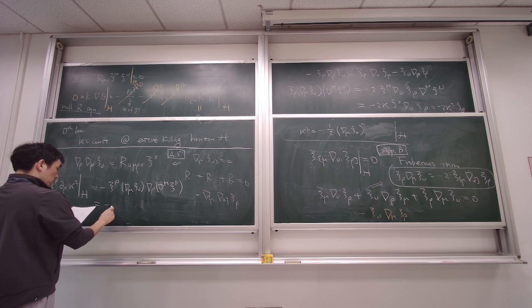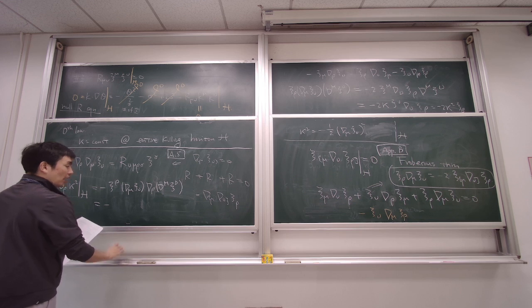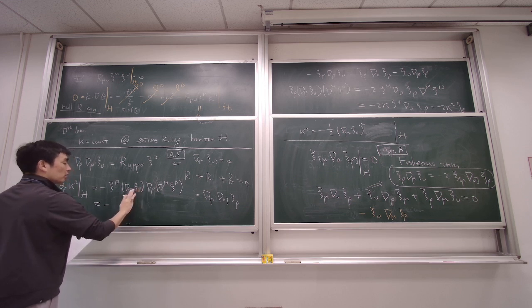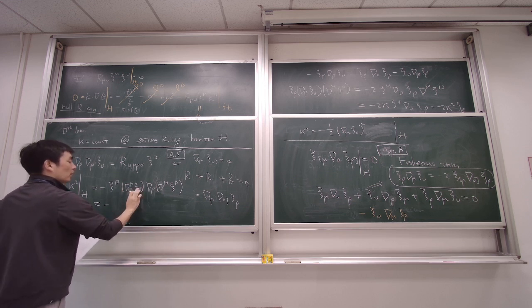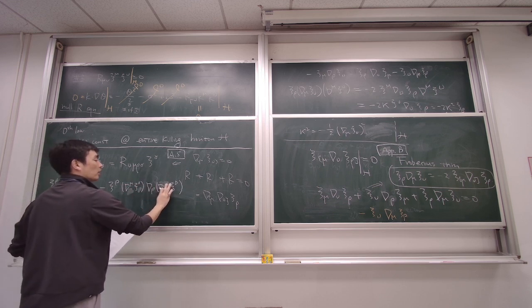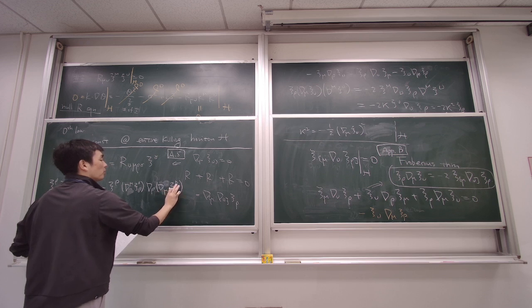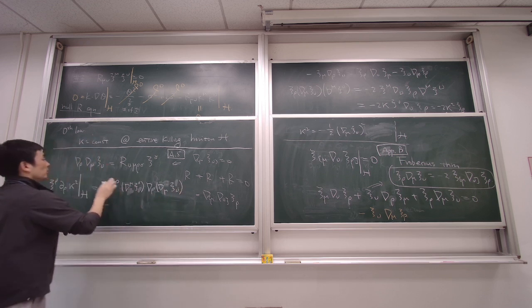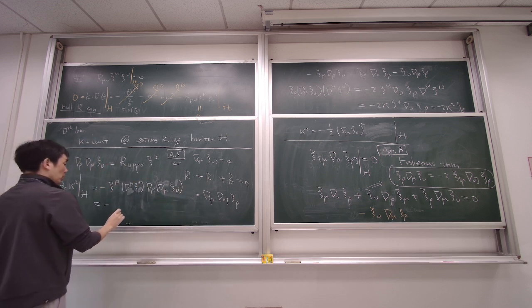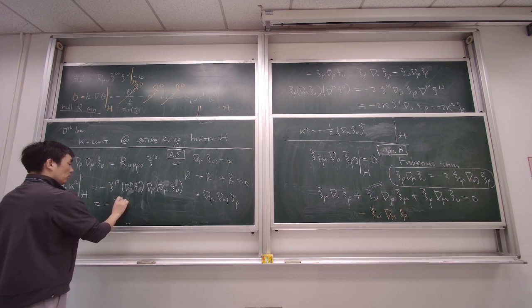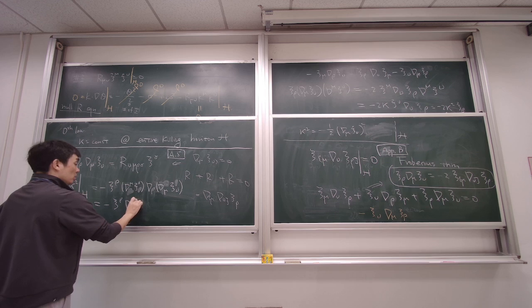Maybe I should write down like this way: mu, and then mu, and then I can directly use this quantity. So therefore, this is C rho nabla mu C nu.